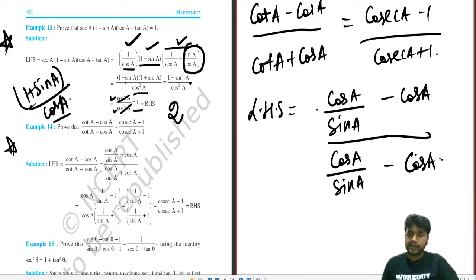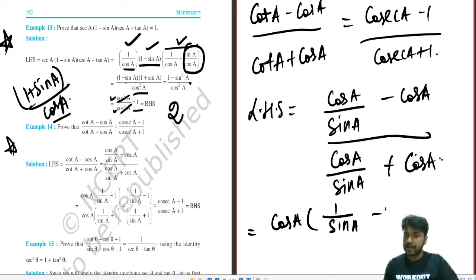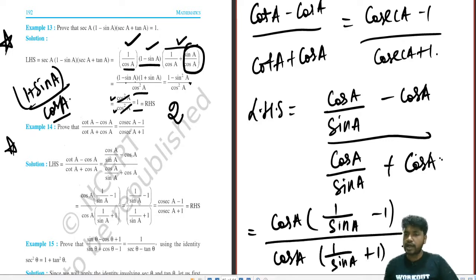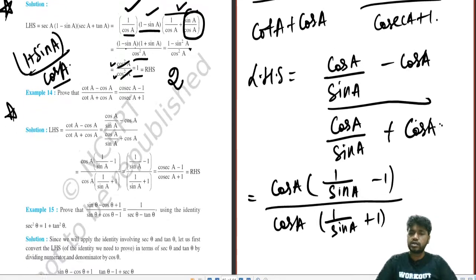Now, if you look at it very carefully, cos A can be taken common in both the parts. This is plus. If we take cos A common in the numerator, it gives me 1 by sin A minus 1, and in the denominator it gives me cos A times (1 by sin A plus 1). Okay, I think you would be clear with this.